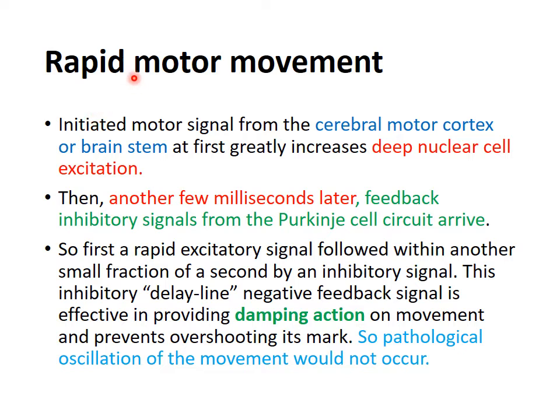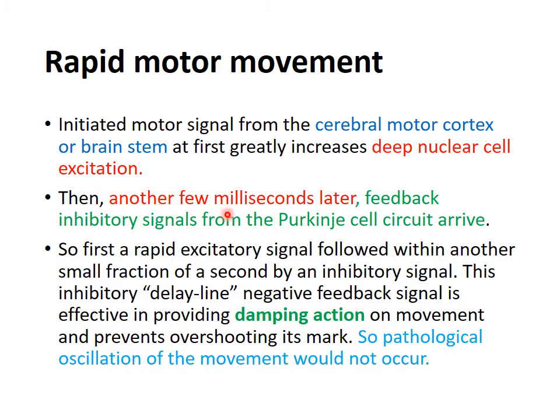This one, first thing. Second, the first motor signal which is originated. Now, just like a flow chart, you must remember the initiated motor signals. From where are the motor signals initiated? They are initiated from the cerebral cortex. So the motor signals from the cerebral cortex first greatly increase excitation of the deep nuclear cells in the cerebellum.